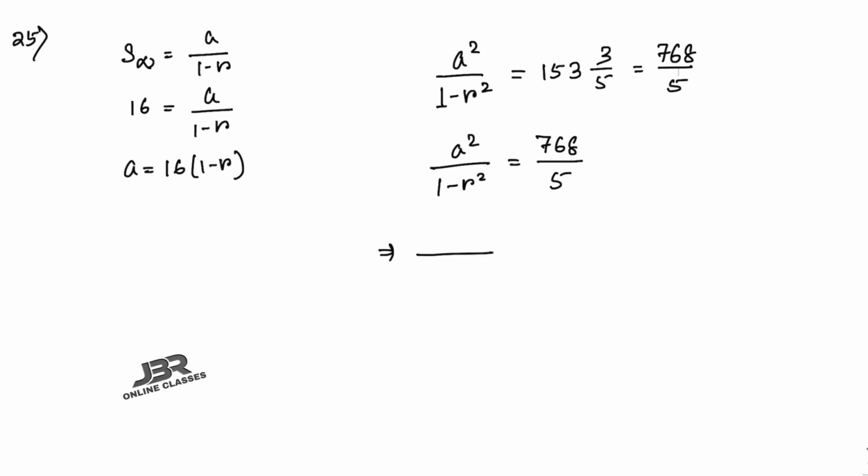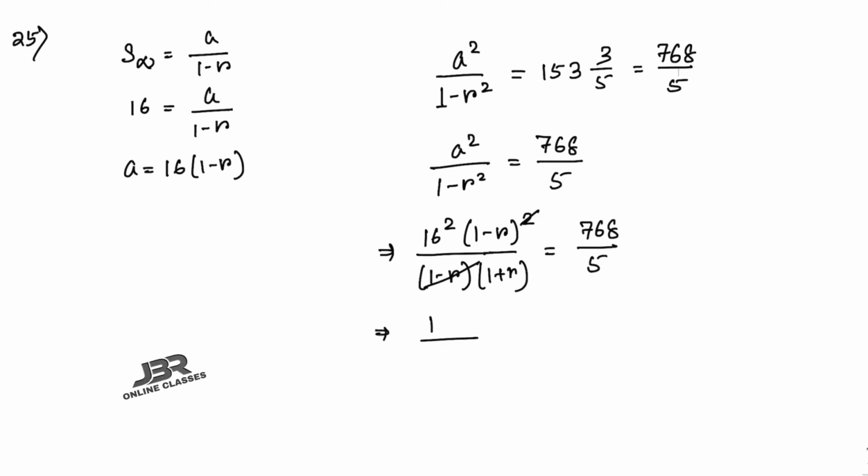Now a square means 16 square, then 1 minus r whole square, and 1 minus r square means 1 minus r then 1 plus r, that equals 768 by 5. So 1 minus r will be cancelled out, and then 1 minus r by 1 plus r equals 768 by 5 divided by 16 square, so 256. Okay, so just cancel out and you will get 3 by 5.